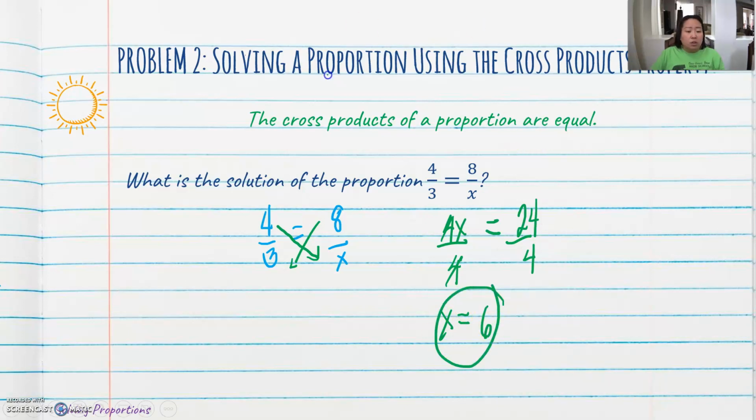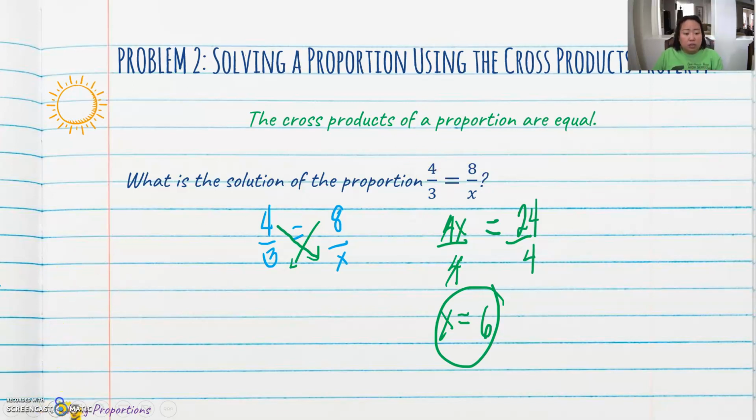Now, I know this is not part of the cross product description, but if you notice a specific value as a pattern from one ratio to the other, you can skip the cross product and identify the value of x. What do I mean by that? The ratio originally has 4 in the numerator, and it became 8.